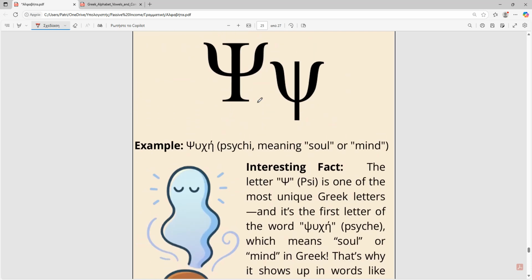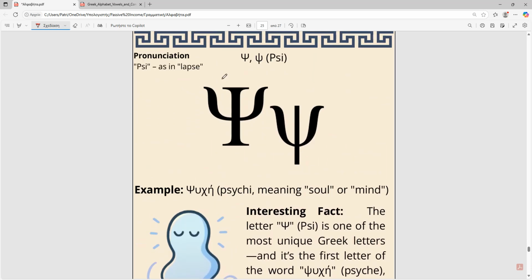Then we have psi, of course, like in laps, you pronounce it like psi. Psari, there is a theory, I'm not sure if it's correct. Someone told me that if you see this letter, what does it look like? For me, it looks like the trident of Poseidon from Greek mythology, the Poseidon that we saw earlier.